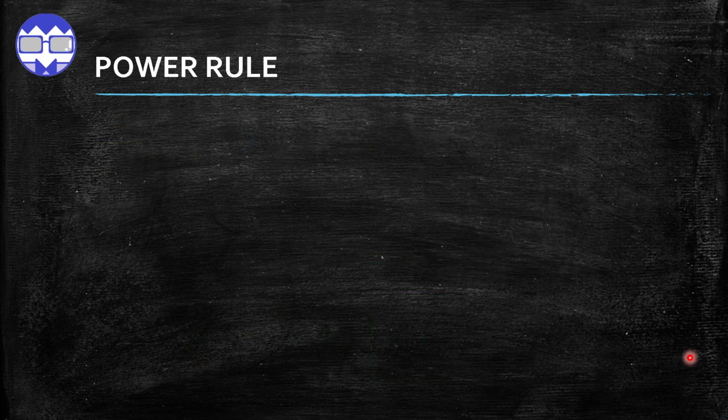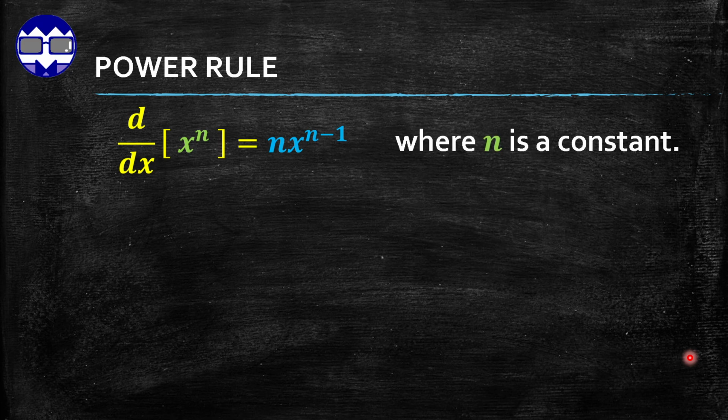Next rule, we have the power rule. The power rule states that if you have a variable raised to the power of a constant n, so x to the power of n, our derivative is n x to the power of n minus 1. The n in the exponent becomes the coefficient, and then our exponent is subtracted by 1.